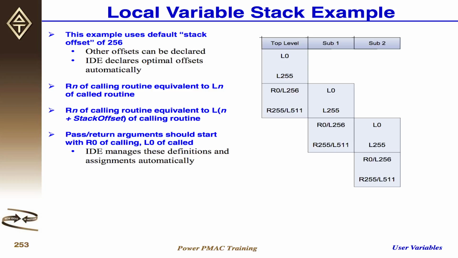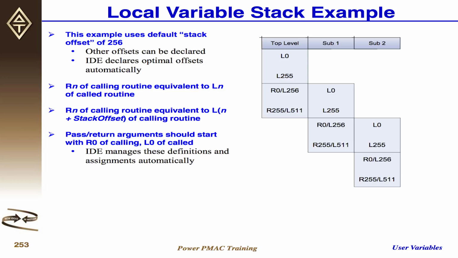What I can do is define those values I want the subprogram to use as R0 and R1, and then inside of the subprogram, I do all of my calculations as L0 and L1. PMAC automatically links R variables of a higher level program or subprogram to the L variables of a subprogram that it calls.